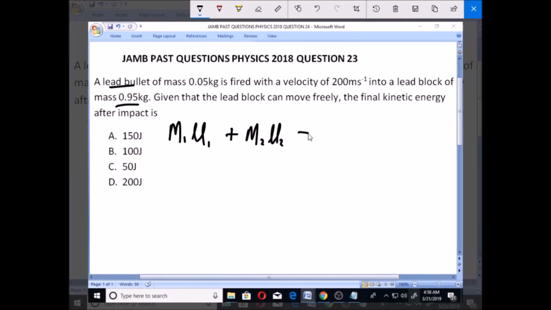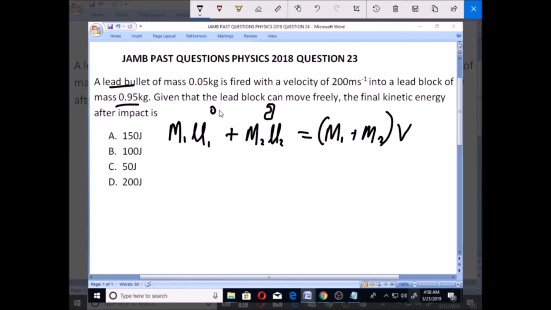After the impact, you no longer have the two masses separately, m1 plus m2. Now the masses are together, moving with one single velocity v. So this is the right expression to solve this. This is the bullet and this is the block.